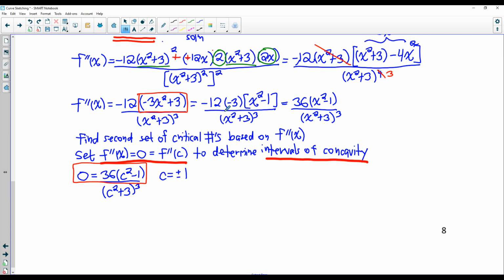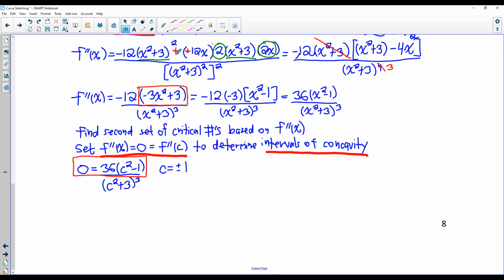Okay, now what I'm going to do is make an interval chart based on concavity. So we'll do an interval chart based on the critical numbers. So we'll say interval. There's going to be 3 of them. So one interval would be when x is less than negative 1.